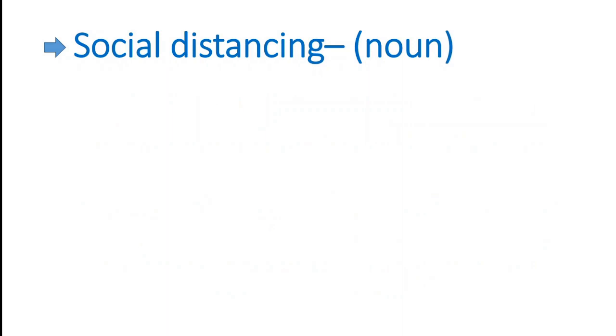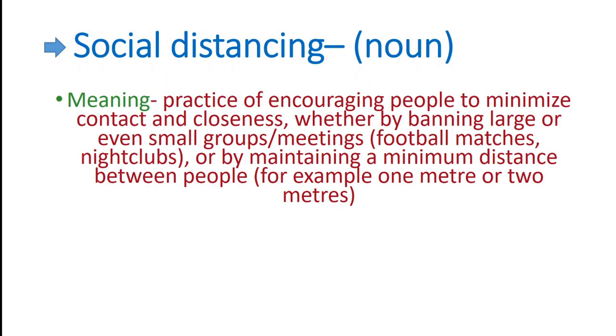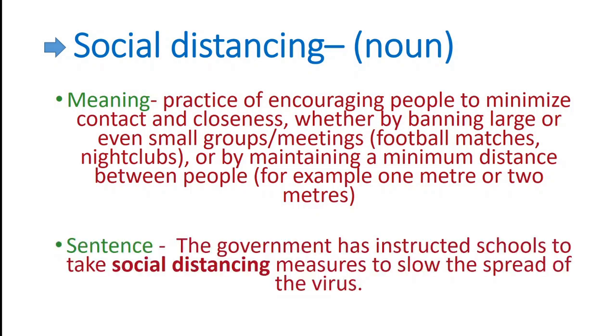Practice of encouraging people to minimize contact and closeness, whether by banning large or even small groups or meetings such as football matches, nightclubs, or by maintaining a minimum distance between people, for example 1 meter or 2 meters. Sentence. The government has instructed schools to take social distancing measures to slow the spread of the virus.